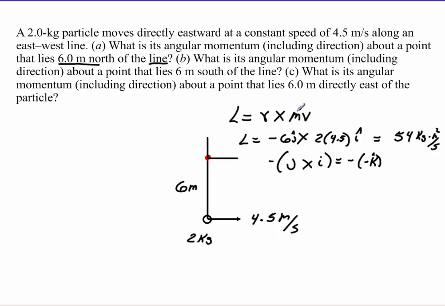You're just trying to establish what would be the angular momentum at that point. It would be going clockwise or counterclockwise, which is positive. When we did torque, we established that anything that goes counterclockwise is positive. Yes, true. So here you would give it positive angular momentum of 54 kilograms times meters squared per second.